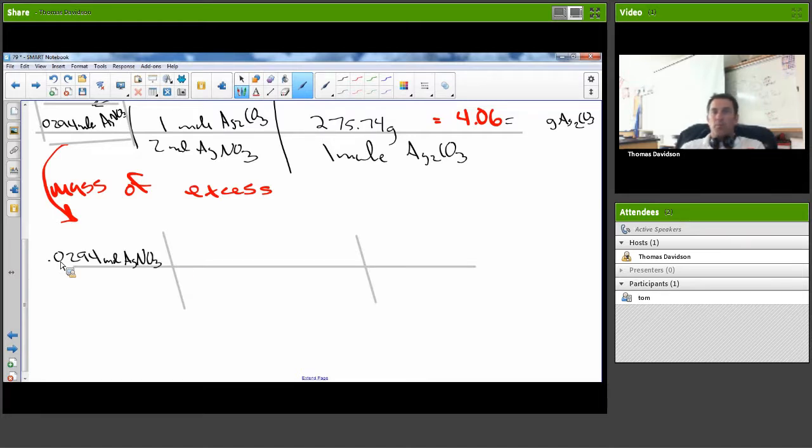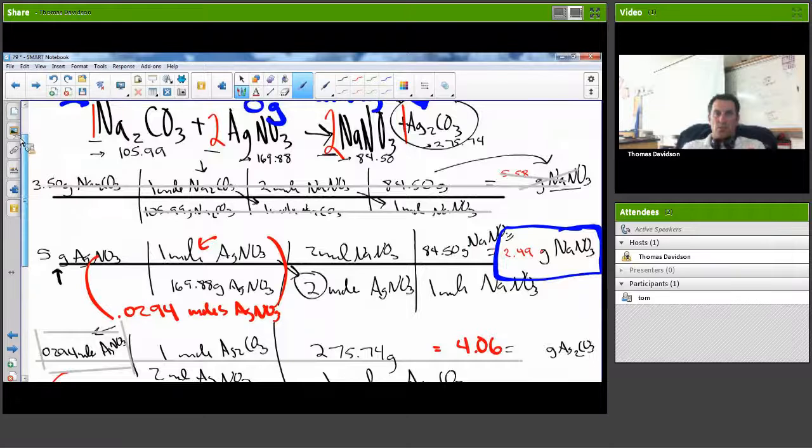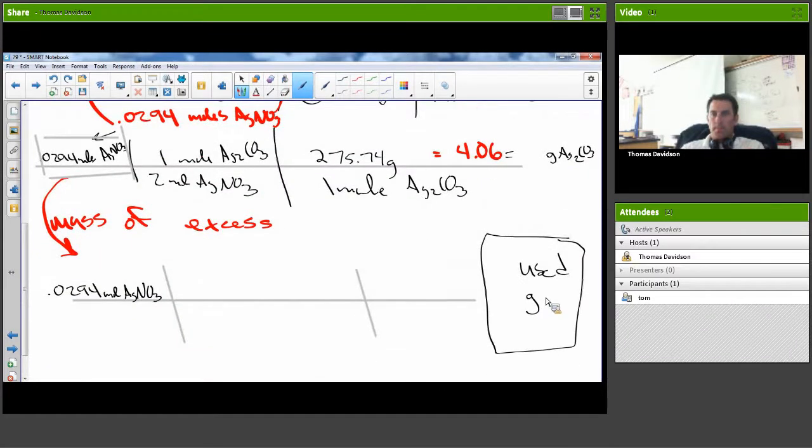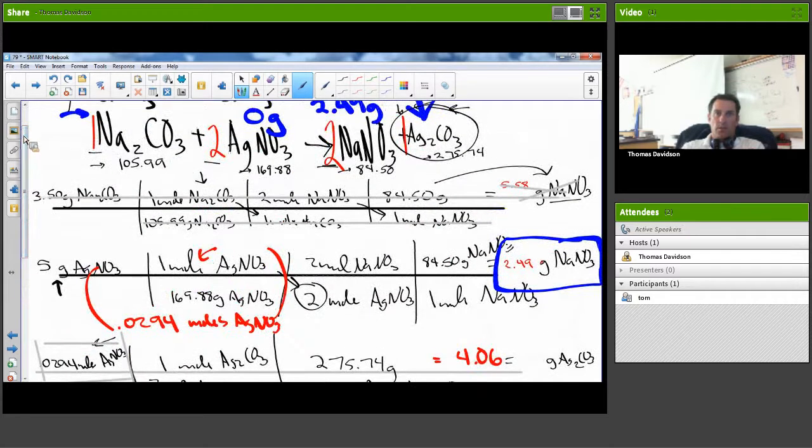AgNO3. Now, remember, we are finding the grams used. Please remember, write used. That way you won't write at the end. This is the grams used up. And that's going to be of Na2CO3. So I still have 2, so same every time. Then in front of Na2, there's a 1 right here.